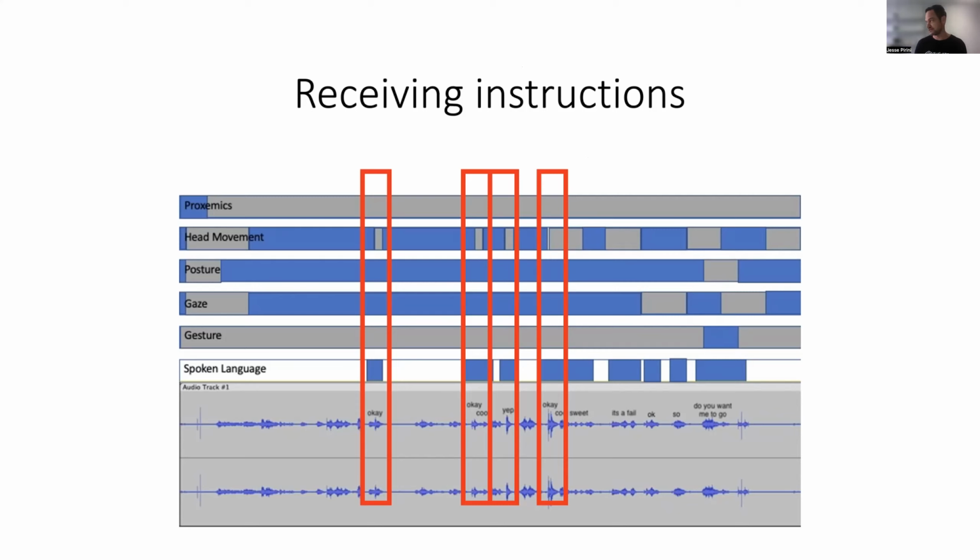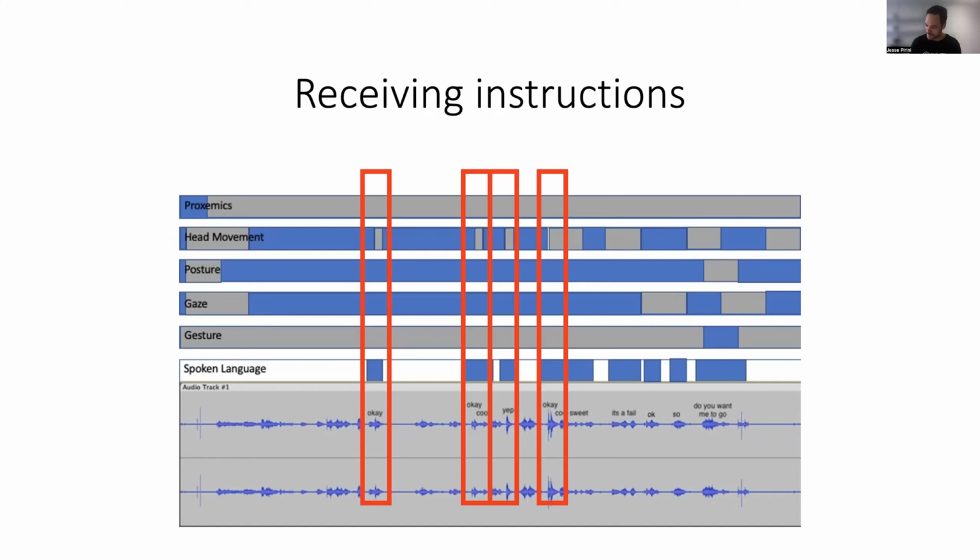A back channel is something like, okay, yep, cool. Providing a back channel of understanding, in this case, that's how I'm using the term, to the researcher who's giving instructions. And you'll see I've tried to highlight these four moments where back channels occur. We've got this head movement aligned with the spoken language. Okay. Similarly in the next one, okay, cool. Yep. Okay.